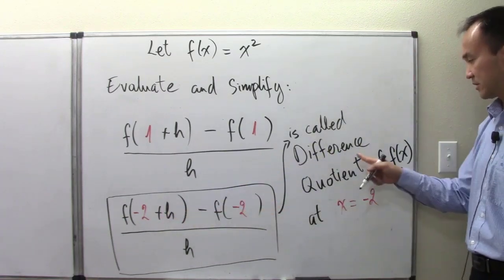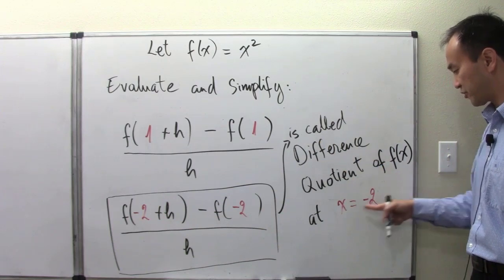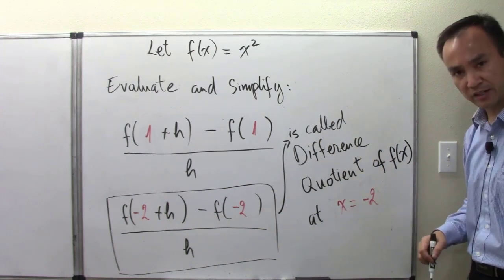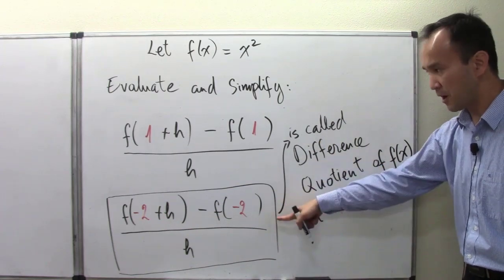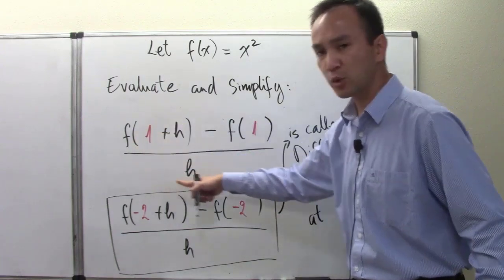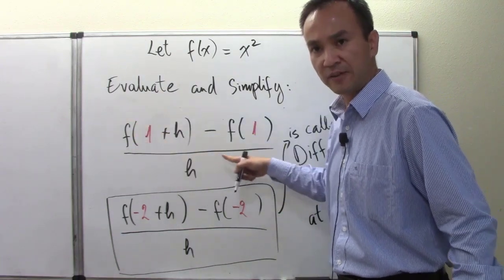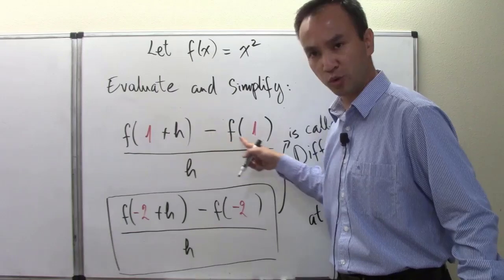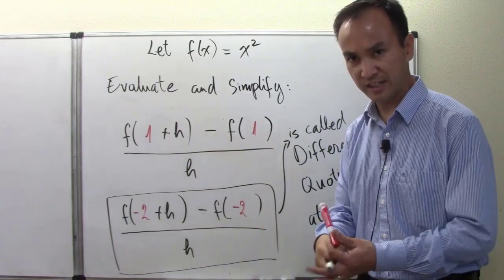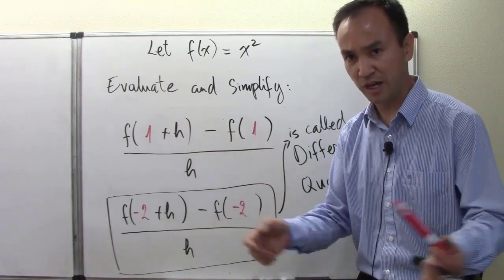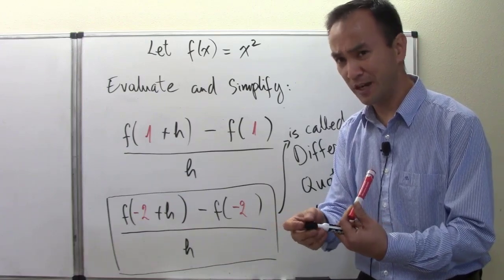It's called the difference quotient of the function f of x at x equals -2, and that's what this box was. And this is the difference quotient of f of x at x equals 1. I'm verbalizing it out loud quite a few times already.